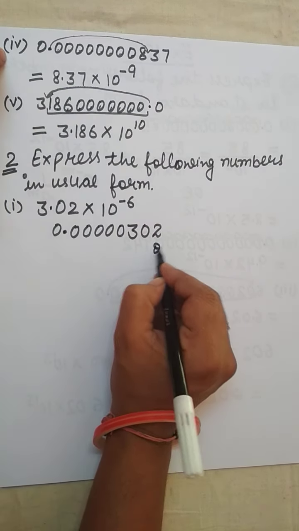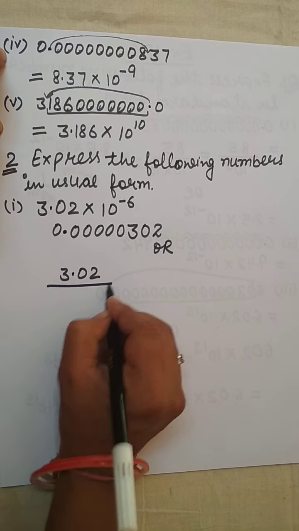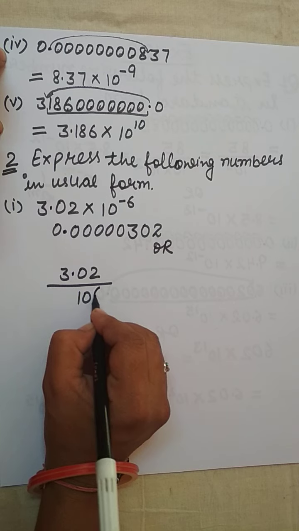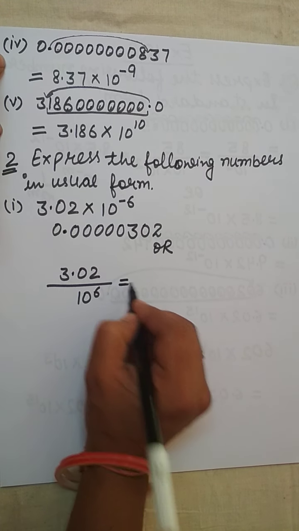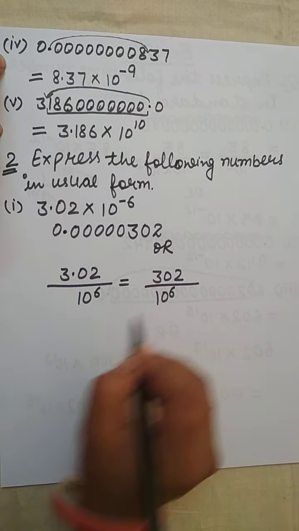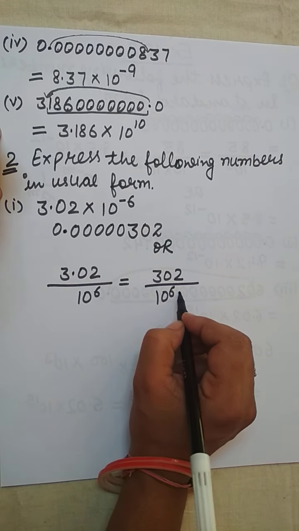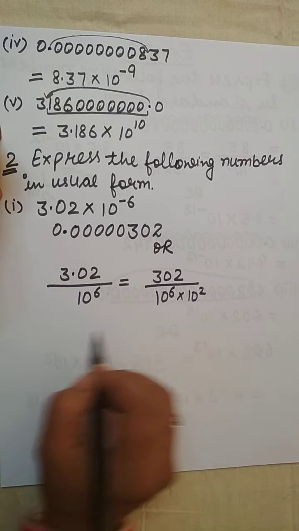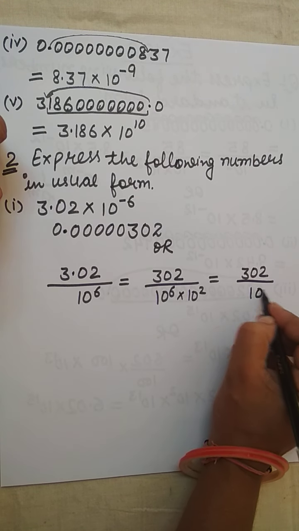Or we can write it as 3.02 upon 10 raised to power 6, which can be further written as 302 upon 10 raised to power 2 times 10 raised to power 6, as I have also removed this decimal, which is 302 upon 10 raised to power 8.